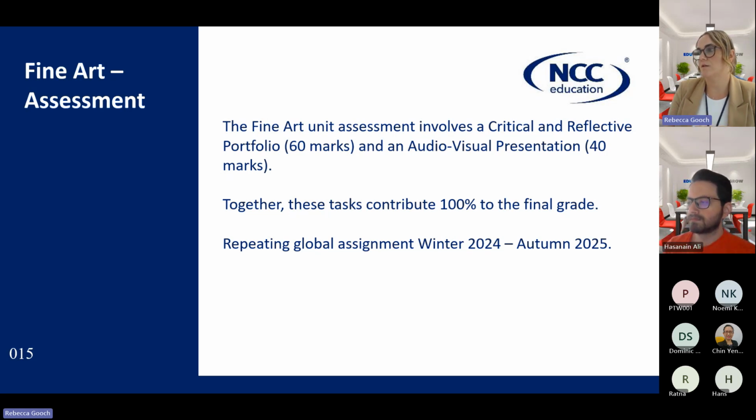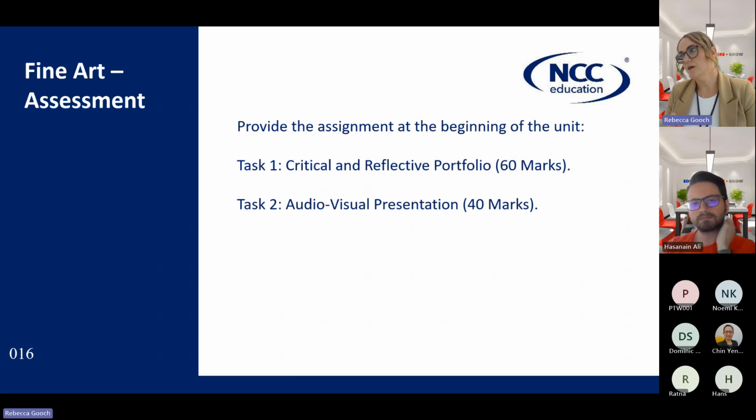Both contribute to the final overall grade, and again, this is a repeating global assignment from winter 2024 to autumn 2025. So again, providing the assignment at the beginning of the unit so students can work through the task within their lessons and also in their own time if they wish as well.